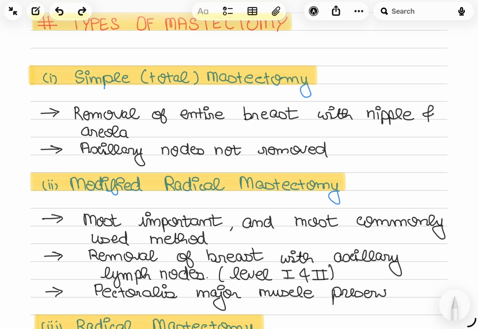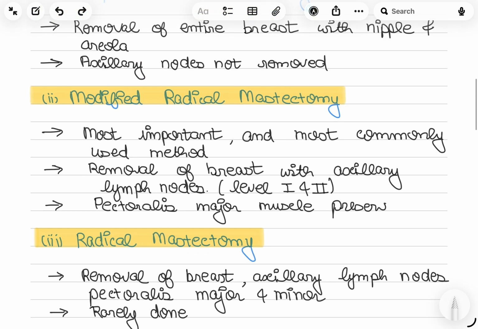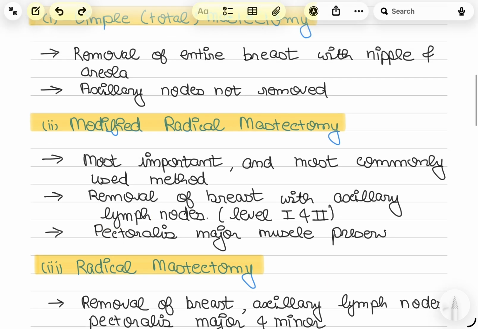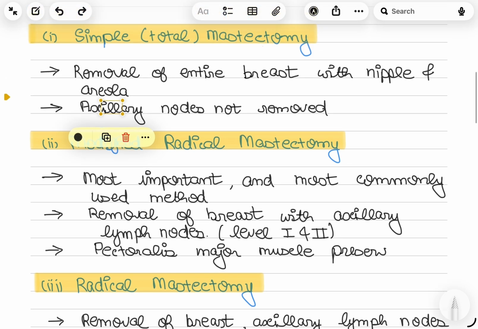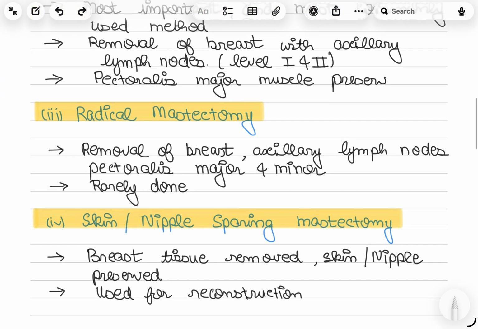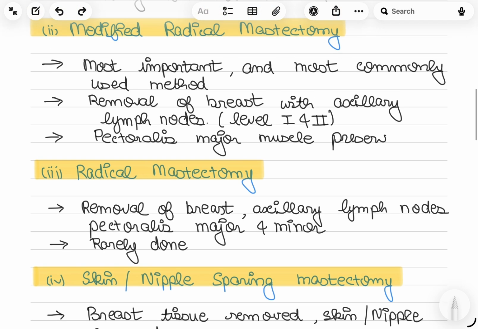In simple mastectomy, axillary nodes are not removed, they are preserved, right? In modified radical mastectomy, axillary lymph nodes are removed with the breast, and thus the entire breast with nipple and areola are removed. And in the third one, everything is removed.